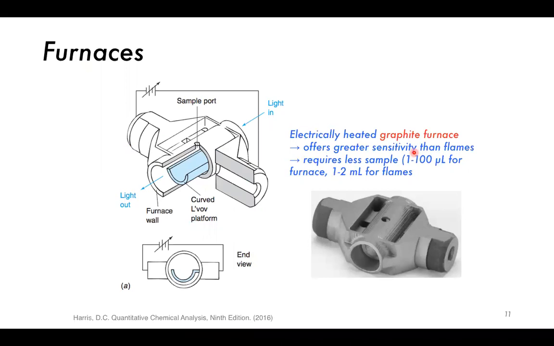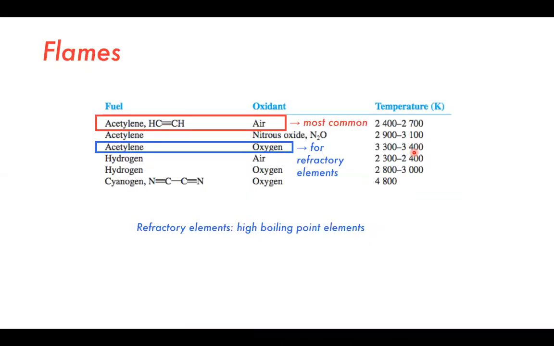So we talked about furnaces. Furnaces are really just really hot ovens. Here is a schematic of a furnace. They're electrically heated graphite furnaces, and they offer greater sensitivity than flames. That means we can have them at more specific, more precise temperatures. You can see on the previous slide the really broad temperature ranges for some of these, more than 100, 200, 300 Kelvin.